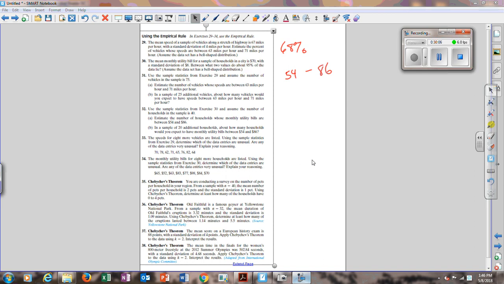All right, number 38. The mean time in the finals for the women's 800-meter freestyle at the 2012 Summer Olympics was 502.84 seconds, with a standard deviation of 4.68 seconds. Apply Chebyshev's theorem to the data using k equals 2. So you would do 4.68 times 2, and then add that to 502.84.